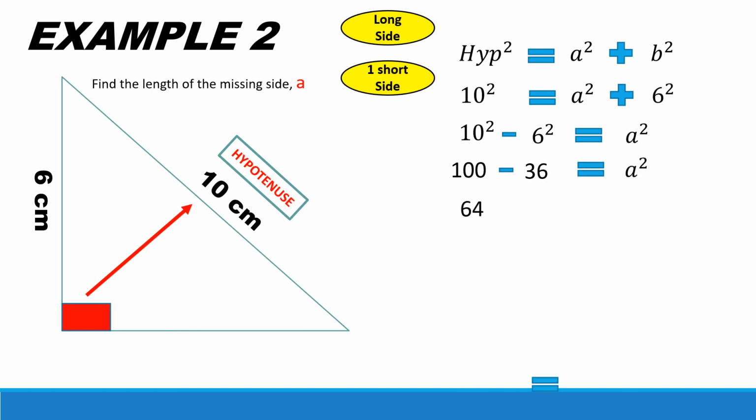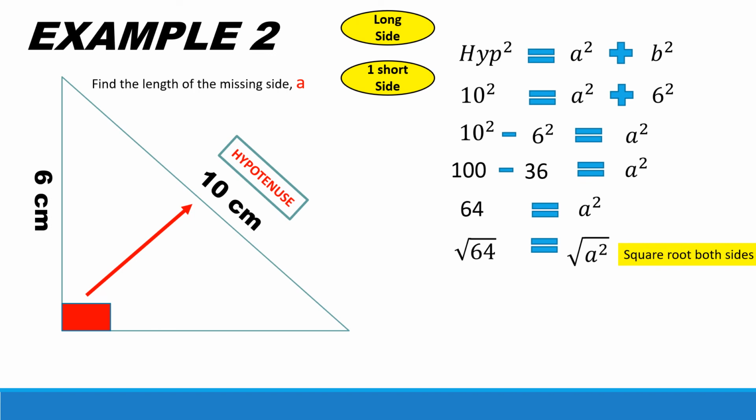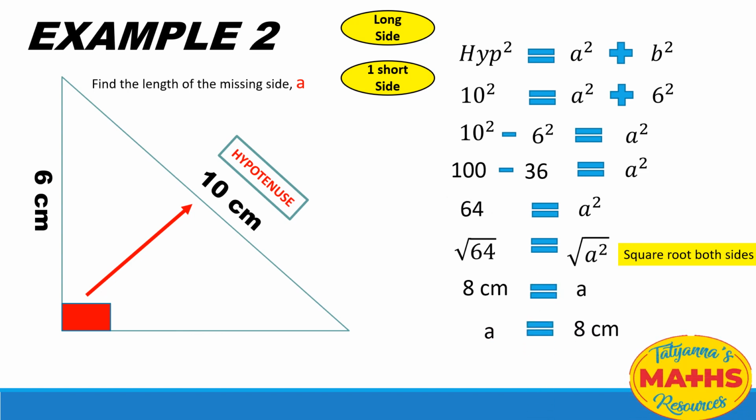When we subtract that, we're going to get 64 is equal to a squared. What we do is we square root both sides. And when we do that, we're going to get 8 is equal to A. So the missing short side of this right angle triangle is equal to 8 centimeters.